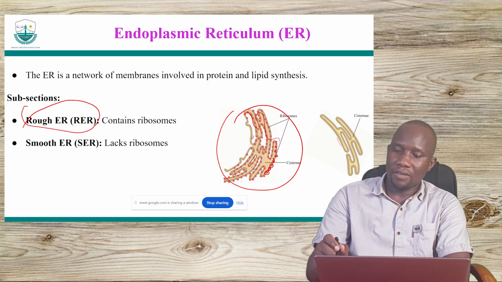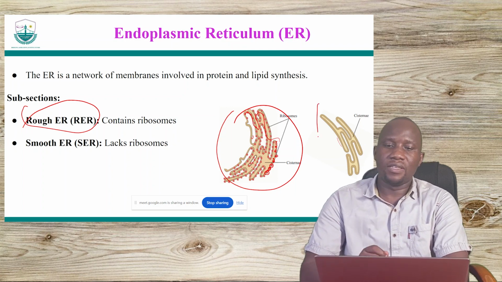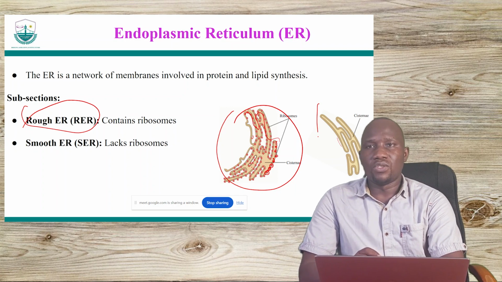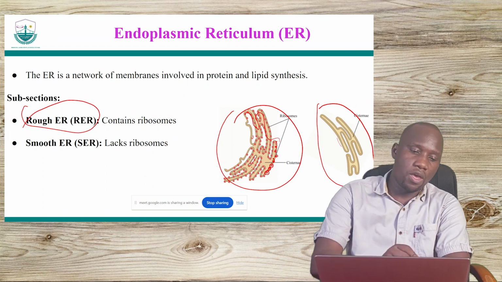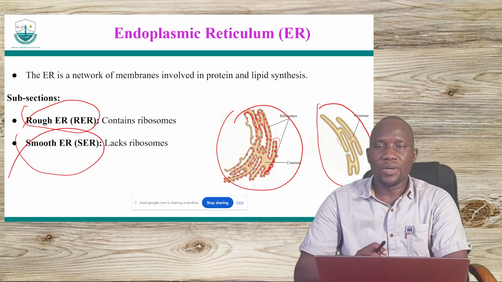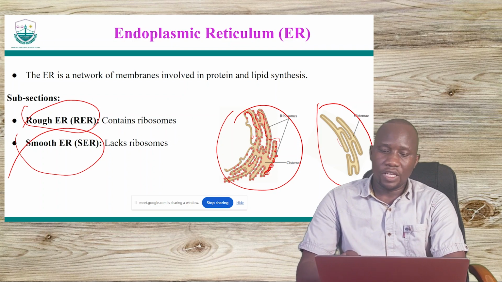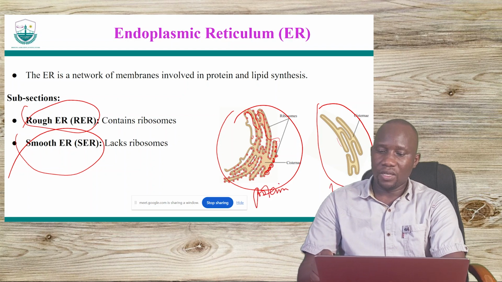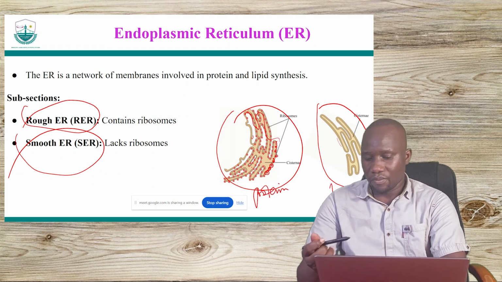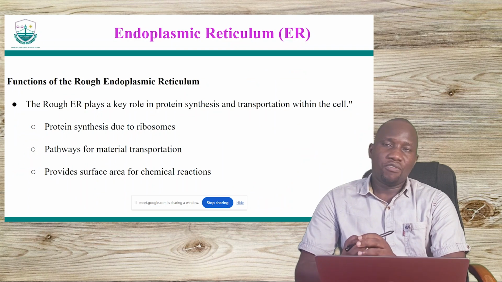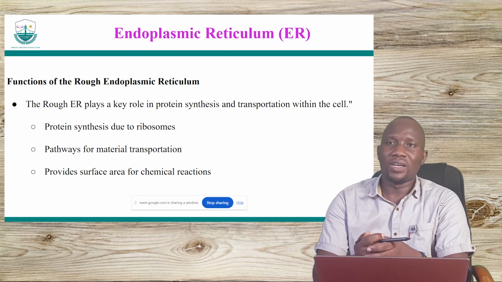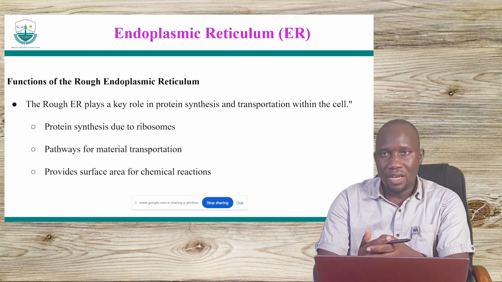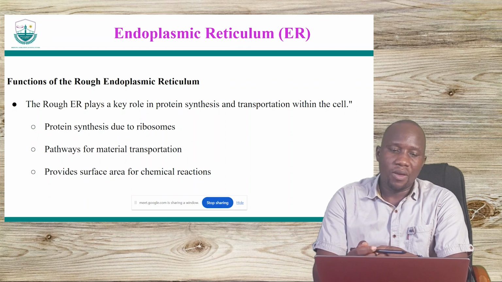The other endoplasmic reticulum does not contain the ribosomes, and therefore it is the smooth endoplasmic reticulum. So this one is for protein synthesis, and this one is for lipid synthesis. The rough is rough because of the ribosomes, and the ribosomes are very important in protein synthesis.